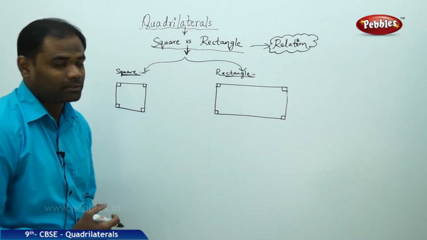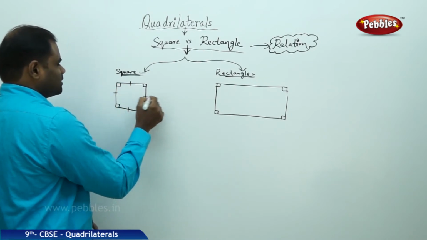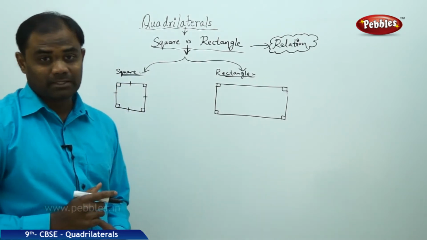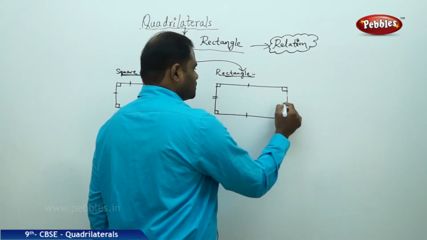Coming to the second property, I see that in a square, all sides are equal, but in a rectangle, opposite sides are equal.